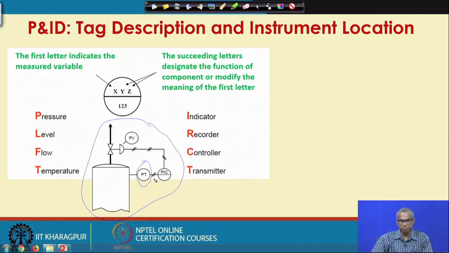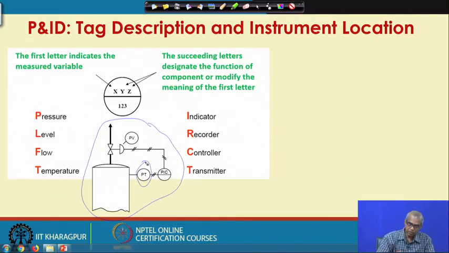So, when the first letter is P, it indicates pressure. If the first letter is L, it indicates level. Similarly, if the first letter is F, it means flow. If the first letter is T, it means temperature. So, the first letter indicates the measured variable. The succeeding letters designate the function of the component or modify the meaning of the first letter.